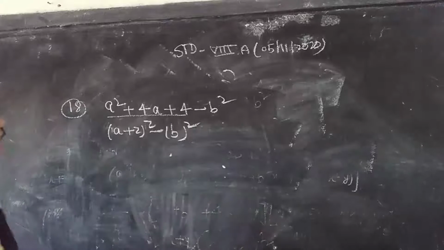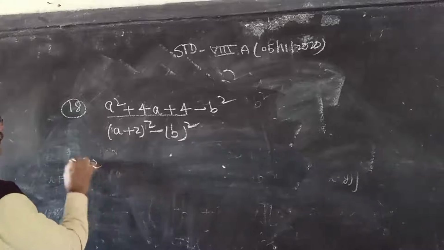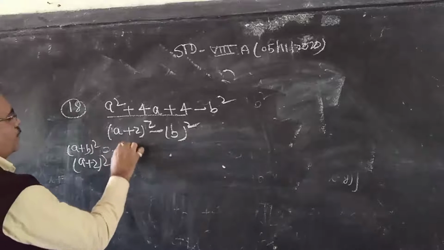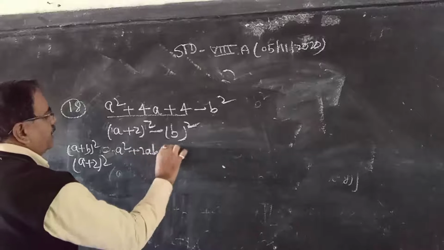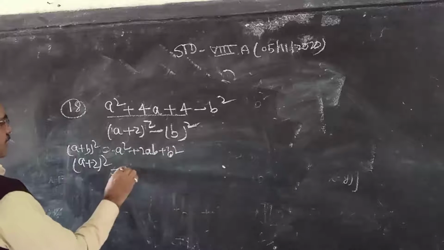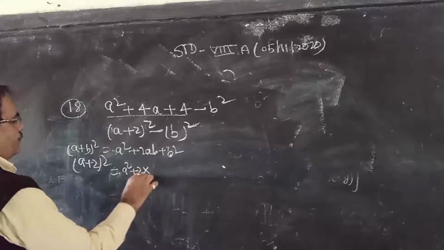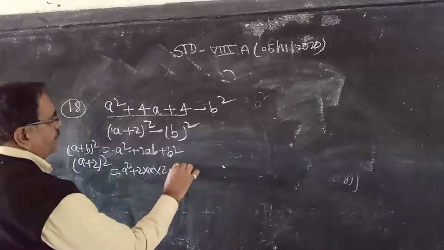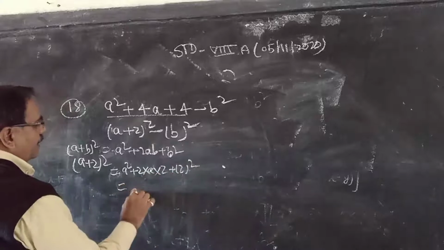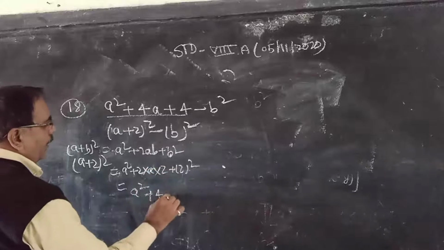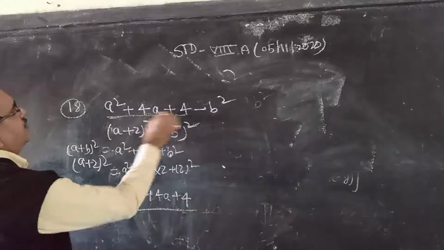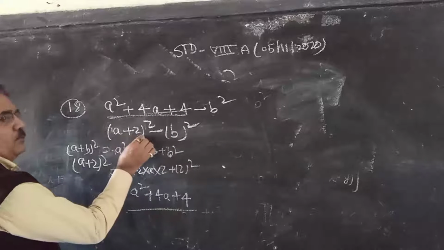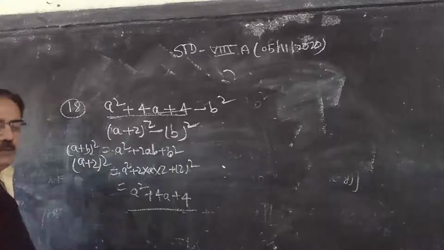Expanding (a plus 2) whole square by the formula a plus b whole square, that is a square plus 2ab plus b square, in place of a there is a, in place of b there is 2, so a square plus 4a plus 4. So a square plus 4a plus 4 we can write as (a plus 2) whole square.